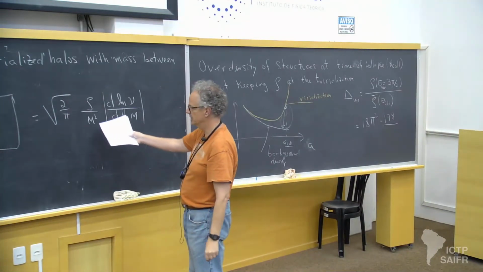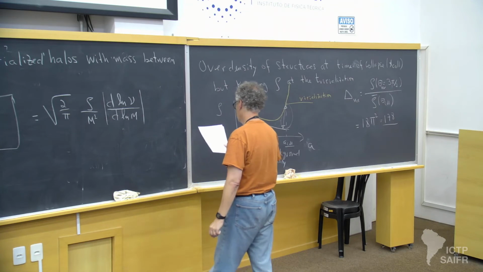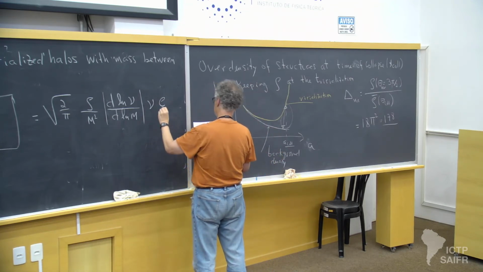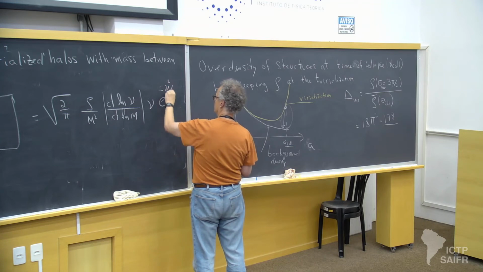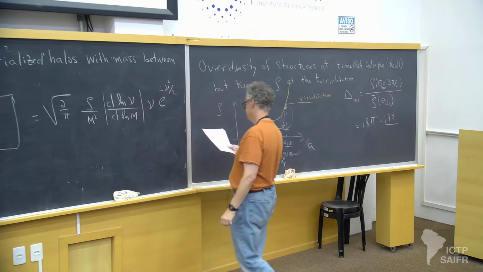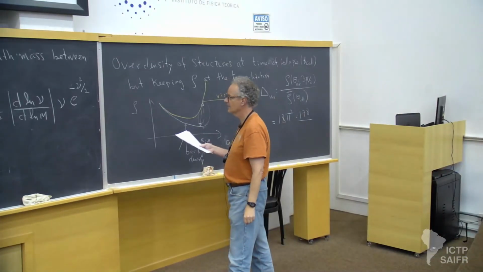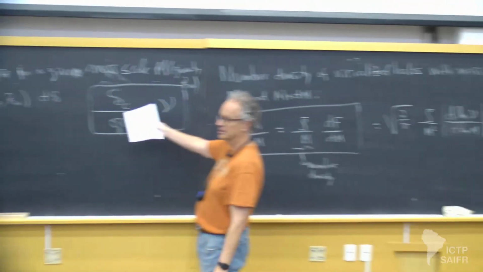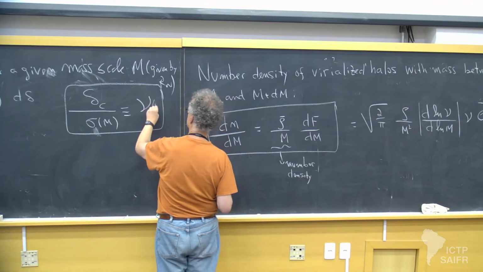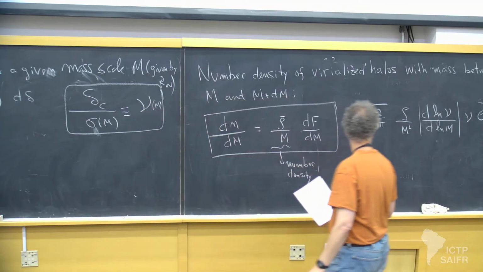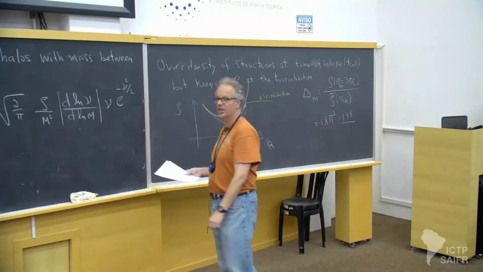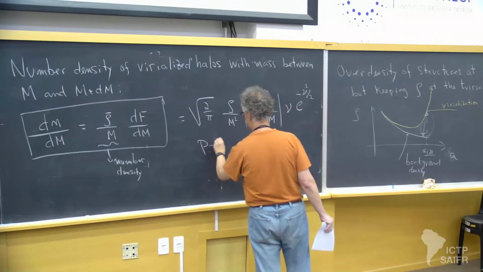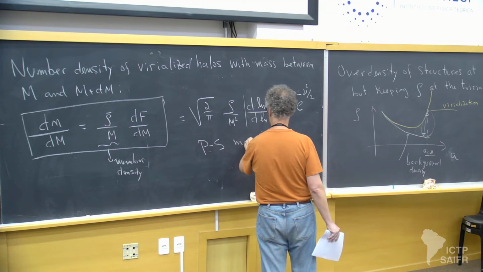So I guess this is why m squared appeared here. And then nu e to the minus nu squared over 2, where again this variable nu depends on m. So this is called the Press-Schechter mass function.